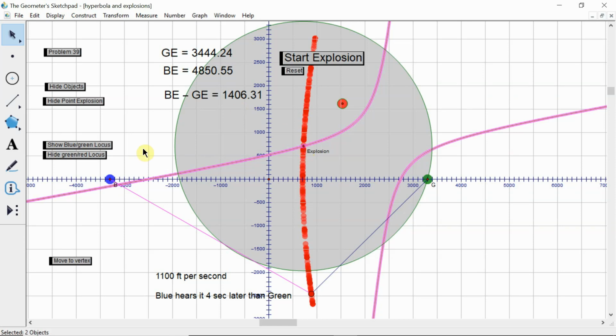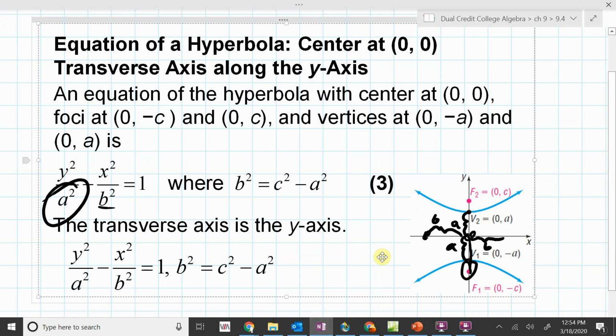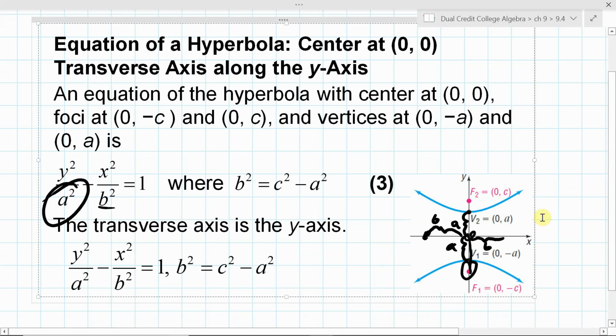So final comment is, notice that these fixed listening points are the foci of the hyperbola. So there's a little bit of fun with the hyperbola. Your expectation is that you're able to come up with the equations, decide if they're vertical or horizontal, and find the missing components.